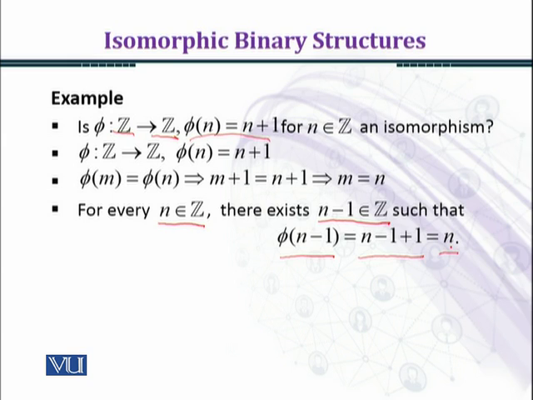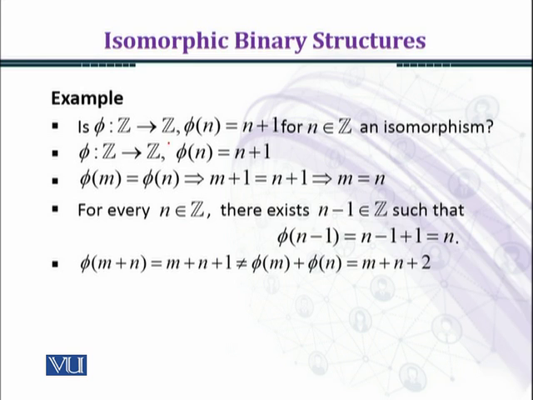So we see that the pre-image of every element n in the codomain Z is n minus 1. Therefore phi is onto.